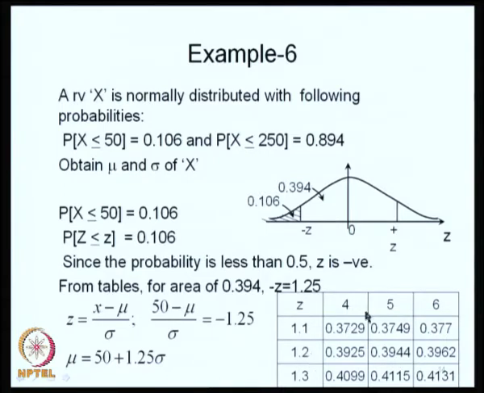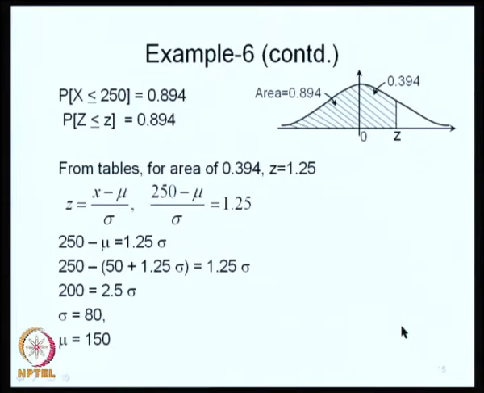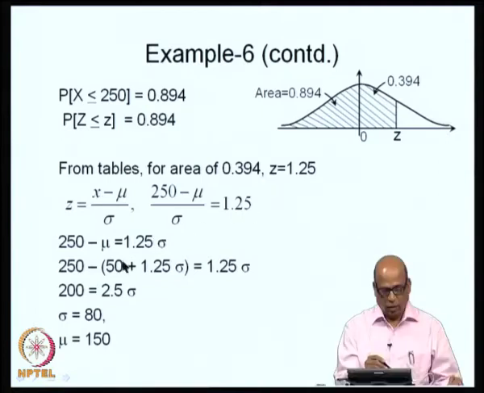So, again we get 1.25. So, z becomes 1.25. Remember, because we are talking about the area being greater than 0.5, we are looking at the right side of z is equal to 0. So, z becomes equal to 1.25. So, from the earlier expression we use mu is equal to 50 plus 1.25 sigma and then obtain sigma as 80 and mu as 150.